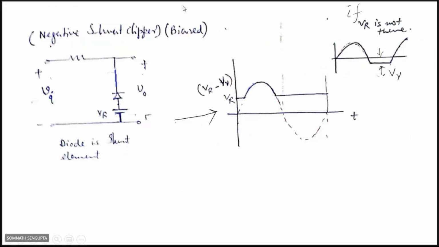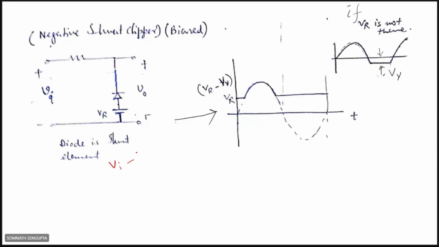Then the negative slant clipper. In the negative slant clipper, what is happening? We just invert the diode. So at what conditions will the diode remain on? Can anybody tell? So when VR minus VI is greater than the cut-in voltage.